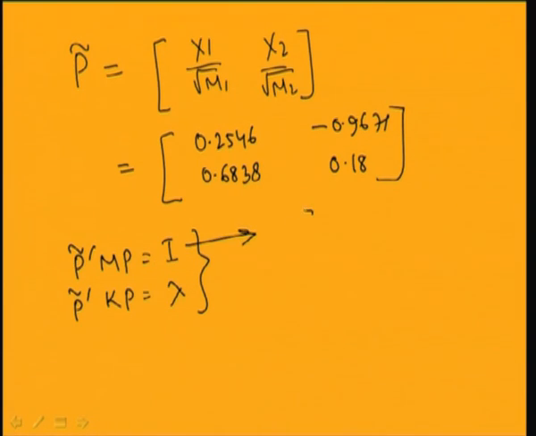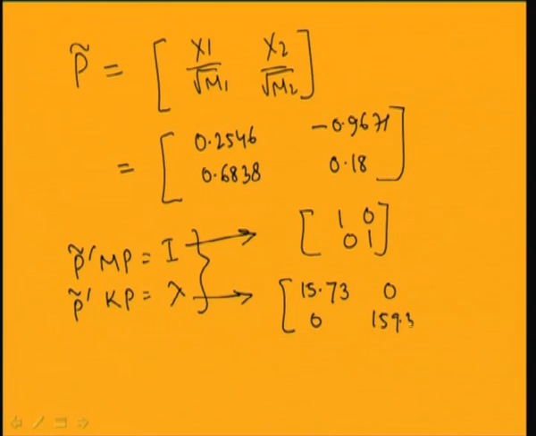The first entry is lambda 1, that is 15.73, and the second is 159.3. So, P weighted modal matrix transpose K P weighted modal matrix equals lambda, that is lambda 1 0 and 0 lambda 2.